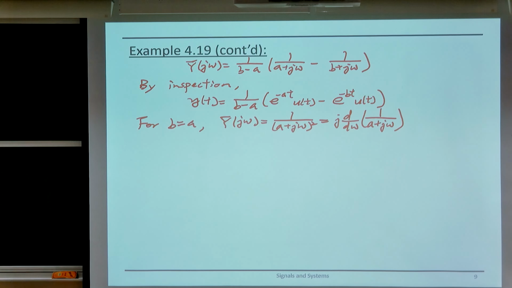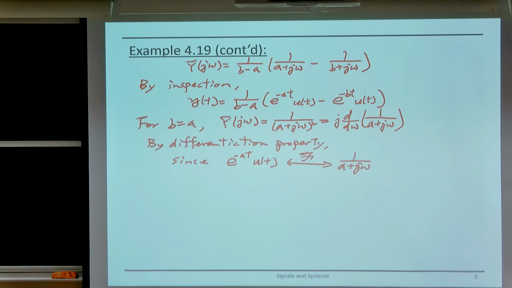Then by the differentiation property, we know that e to the minus at u(t) has a Fourier transform that is 1 over (a plus j omega).